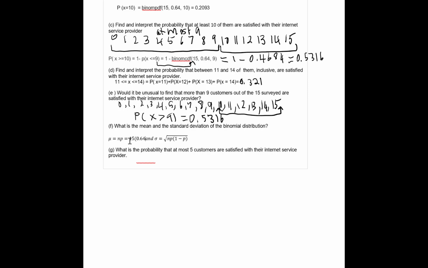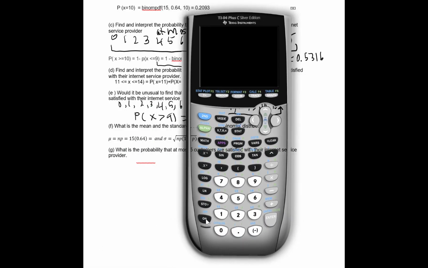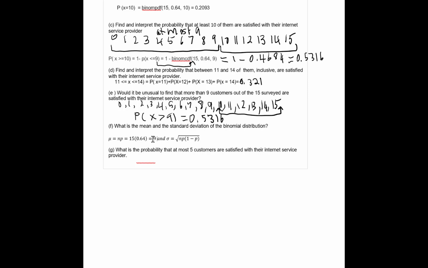You just multiply the two. There is no built-in formula on the calculator to do this. You can simply do it by hand. If I bring the calculator up, turn it on, and put 15 times 0.64, I get 9.6, and that's the answer for this.